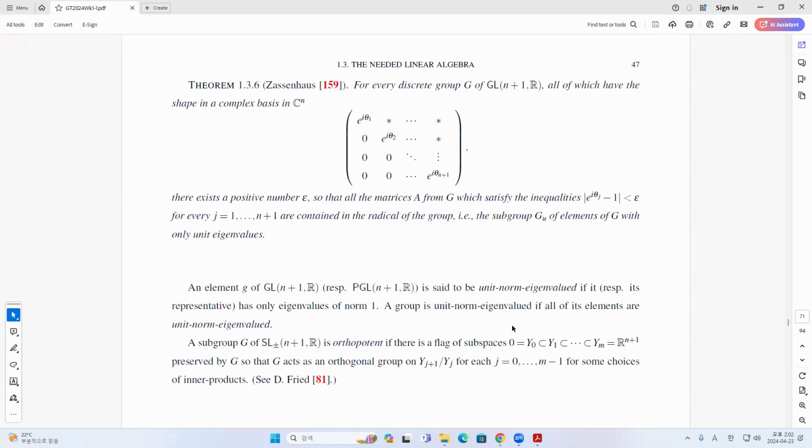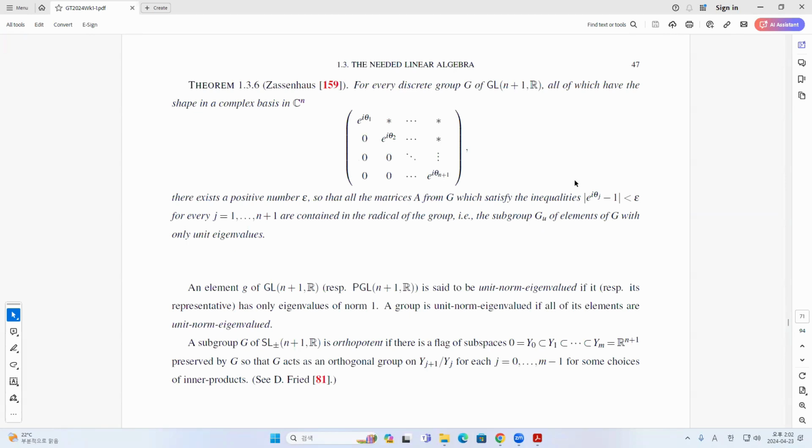Another important theorem is Zassenhaus's theorem. So for any discrete group, you can write it in this complex basis of this form. Then, if there is some epsilon such that the matrices A in G satisfy that the eigenvalue e^{iθ_j} minus one is less than epsilon, so this means that theta j is very close to zero with some uniform bound, then it is contained in the radical of the group.